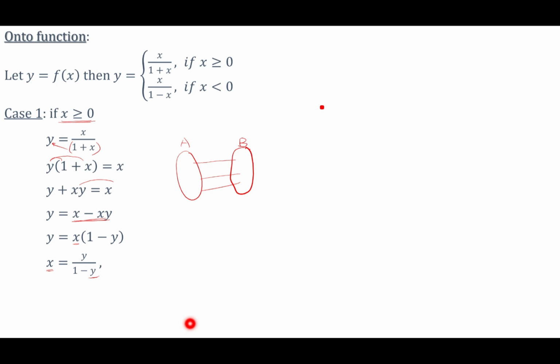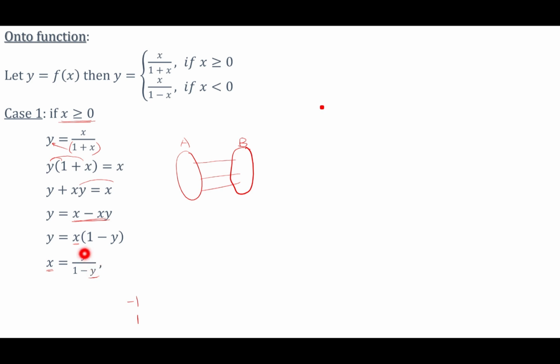Think about the numbers. If I took y as negative 1, the result will be negative. I cannot take negative values also. So I cannot take negative 1. I cannot take 1. So it must be in between these two. Can I take 0? Yes, I can take y as 0.